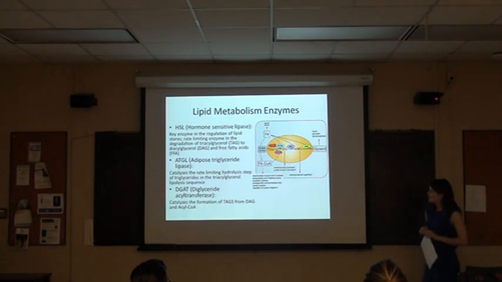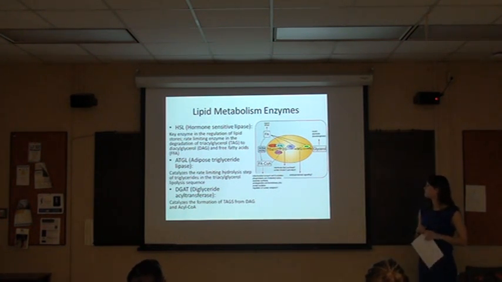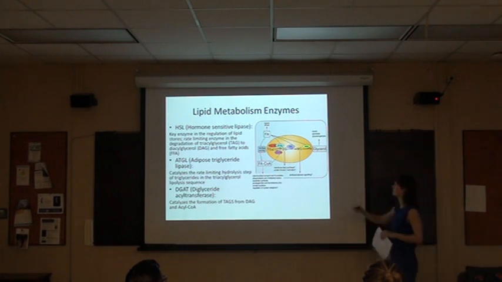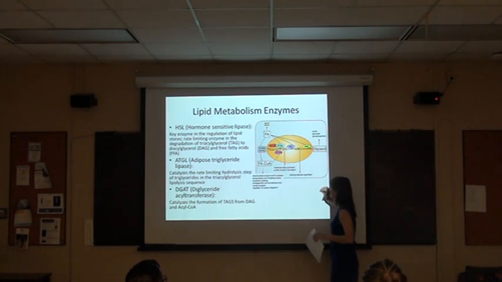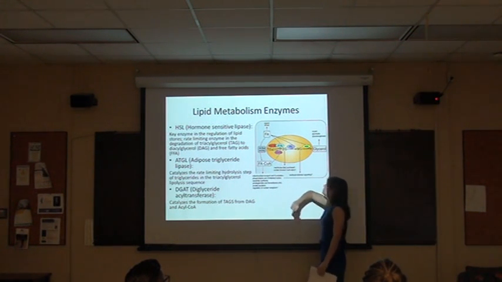And then you have DGAT, which is actually the other portion of creating more TAGs, or catalyzing the formation of more TAGs from DAGs and acetyl-CoA. So this image over here kind of helps describe that, TAGs to DAGs and then to monoglycerides.